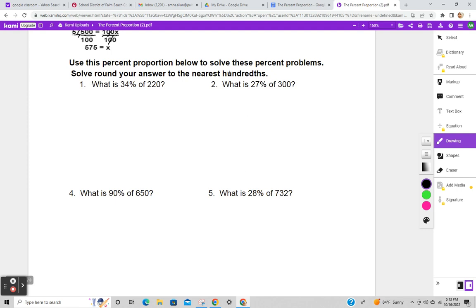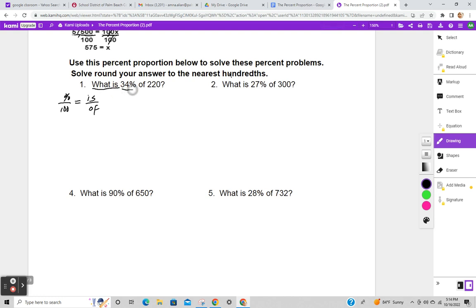So let's go ahead and solve these problems. All right, I'm going to go ahead and write down our percent proportion first. So it's going to be percent over 100 equals is over of. And we're going to let this proportion guide us to set up this math problem correctly. All right, so we are missing the number that goes with is.